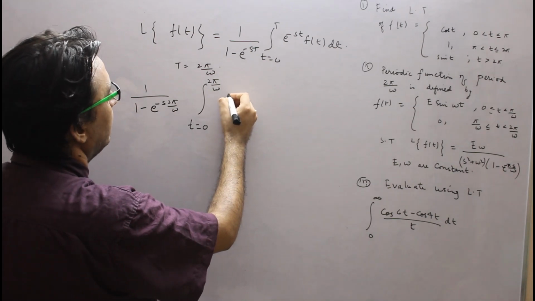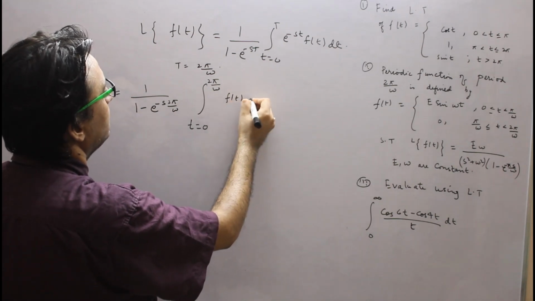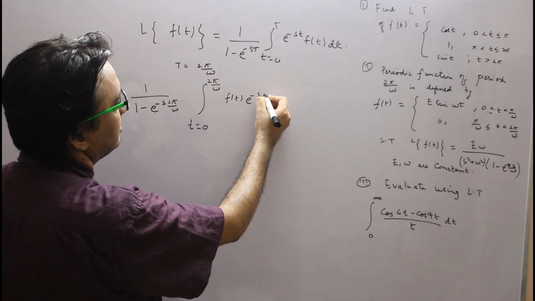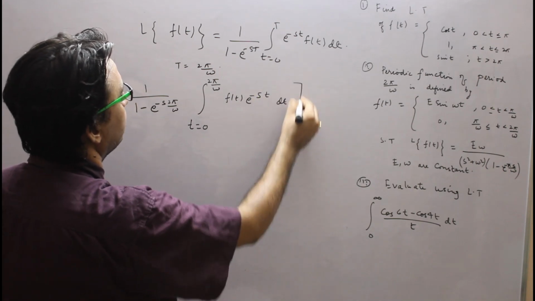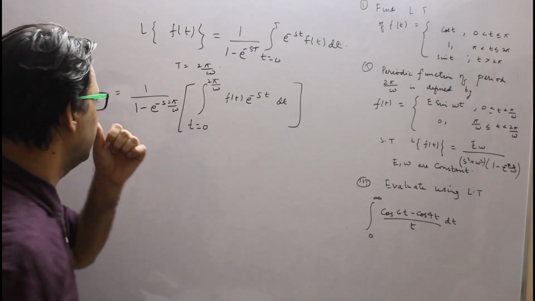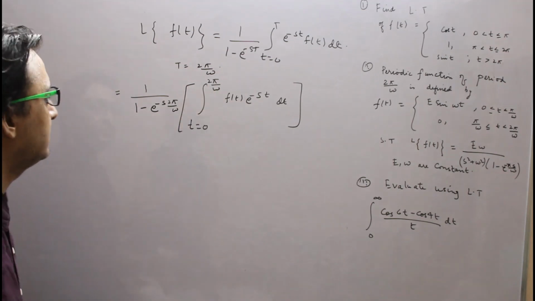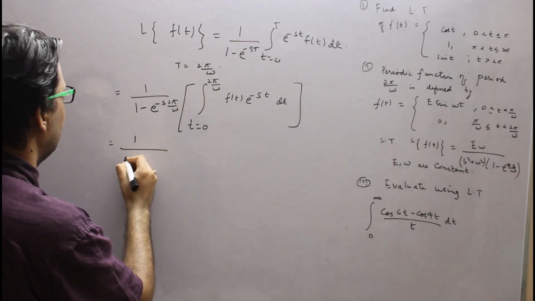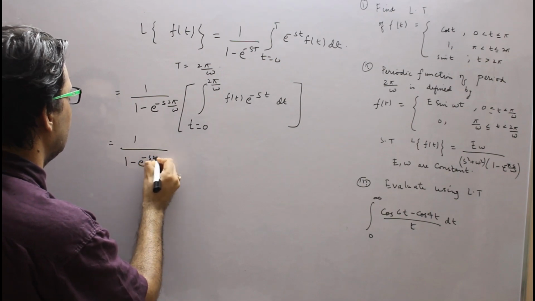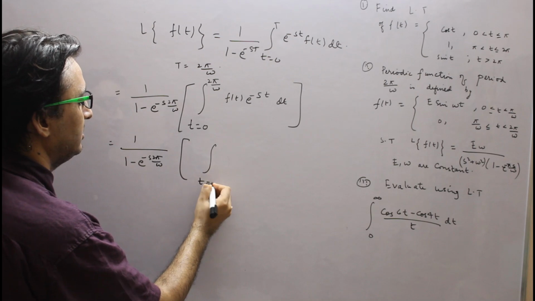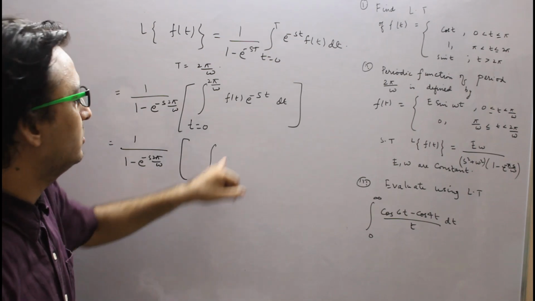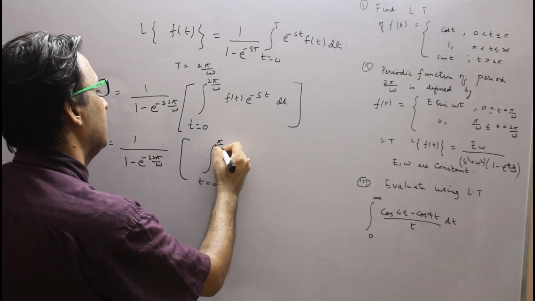Function is f of t, e to the power minus st dt. Now we will break this into two components. When we break components, it is t is equal to 0 to pi by omega.